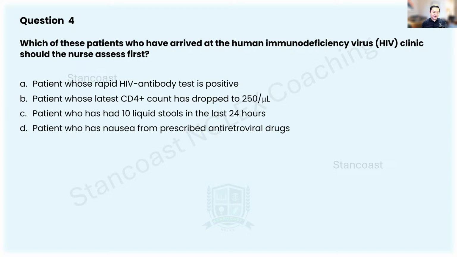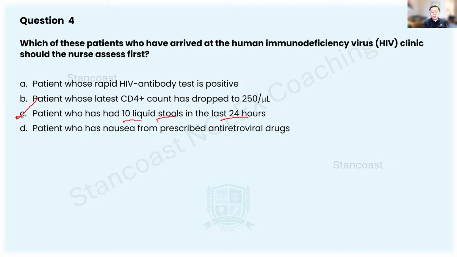I'm seeing letter C, which is patient who has had 10 liquid stools in the last 24 hours. Wonderful. Yeah, that is the correct answer. A patient that is losing way too much fluids via diarrhea should be your answer here. 10 liquid stools in the last 24 hours.